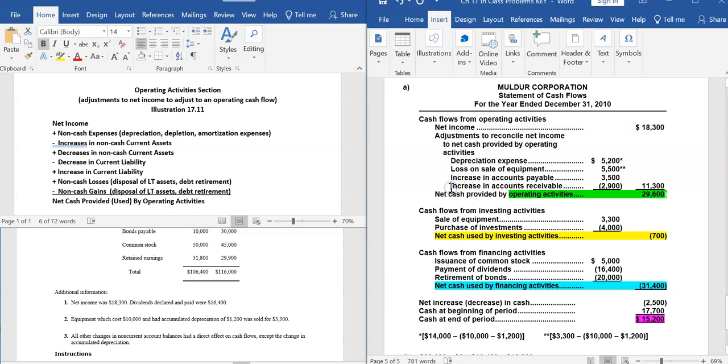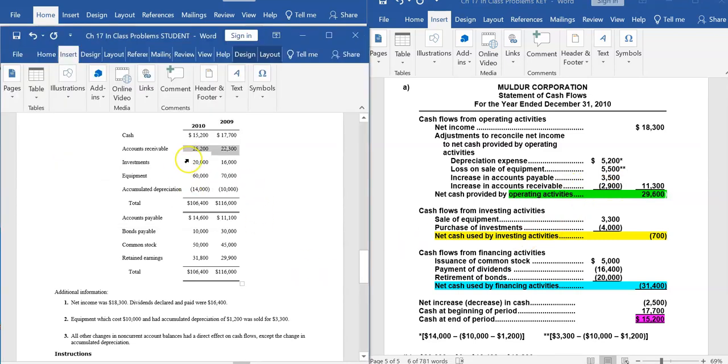So here we see the subtraction of $2,900, which is the difference between $22,300 and $25,200. It is being subtracted from net income. I don't have any other non-cash current assets because investments, equipment are long-term.